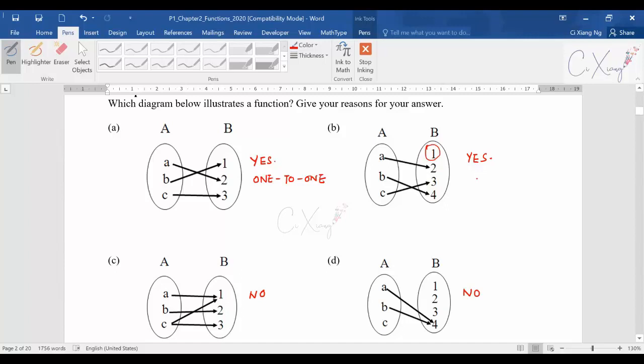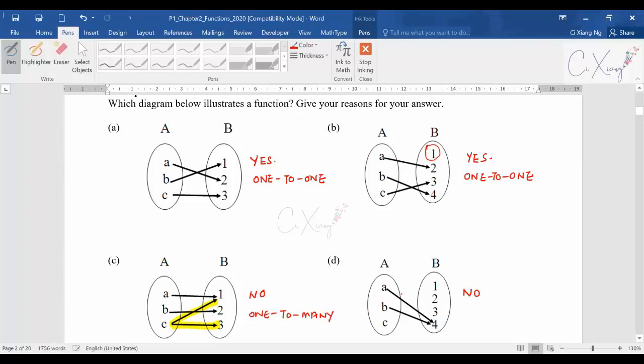So this one is still a one-to-one relation, and therefore we define it as a function. Then for part C, very obviously it is not a function because of this. There's a one-to-many relation, therefore it is not a function.